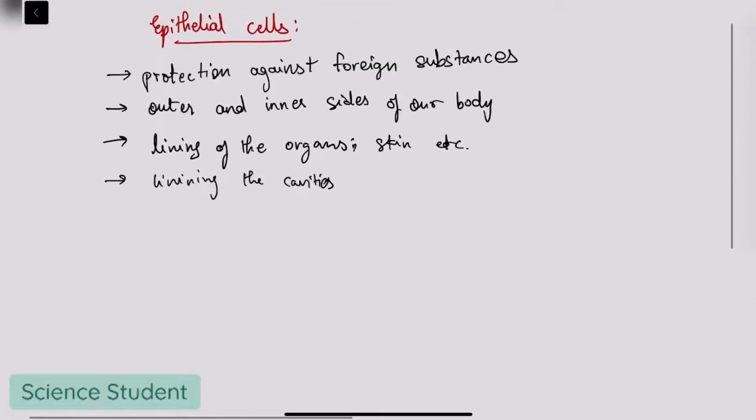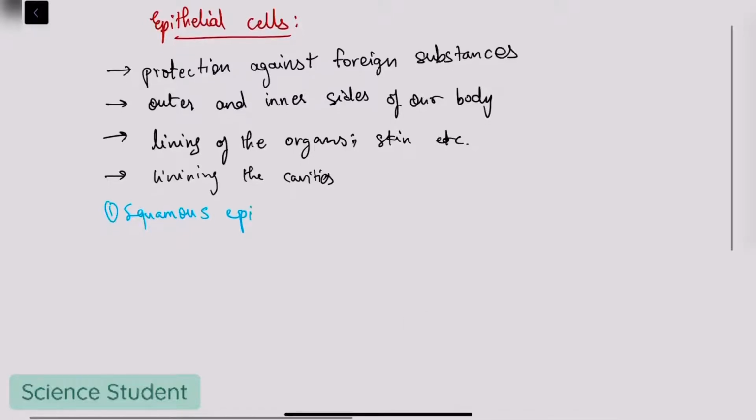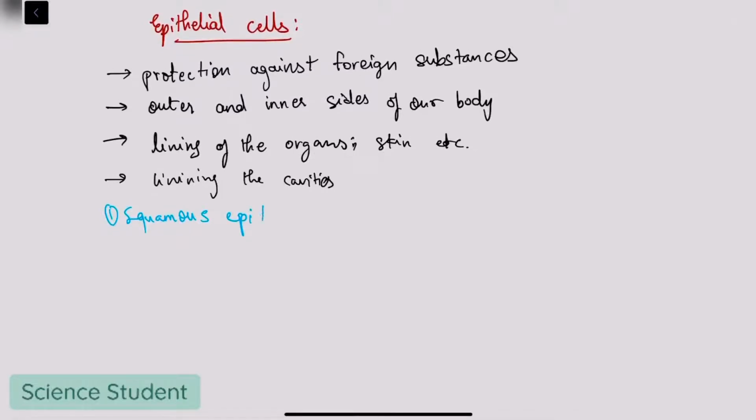As we have seen, there are 4 types of epithelial cells. The first type is squamous epithelium.